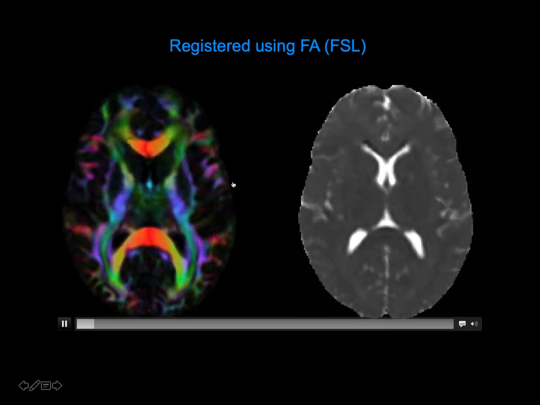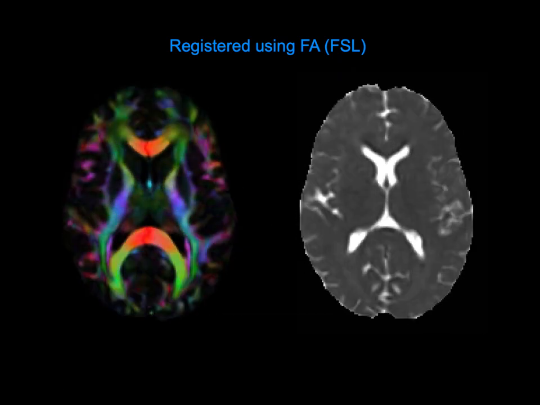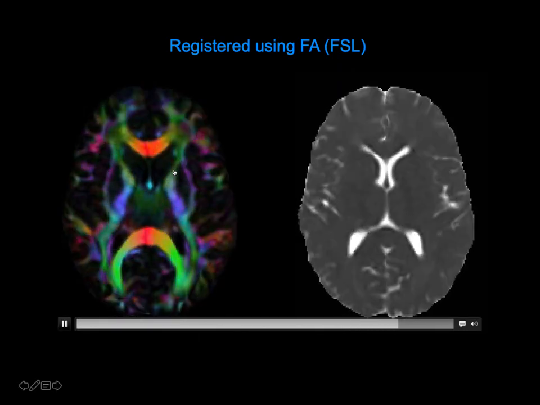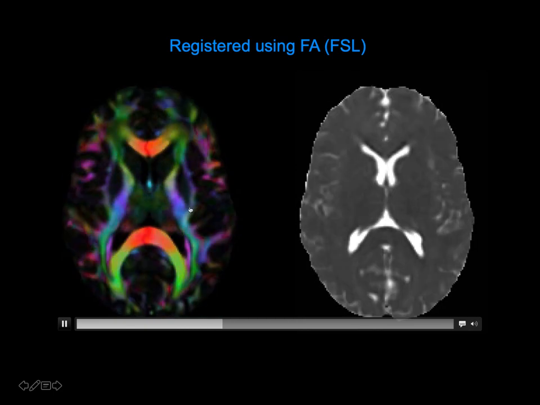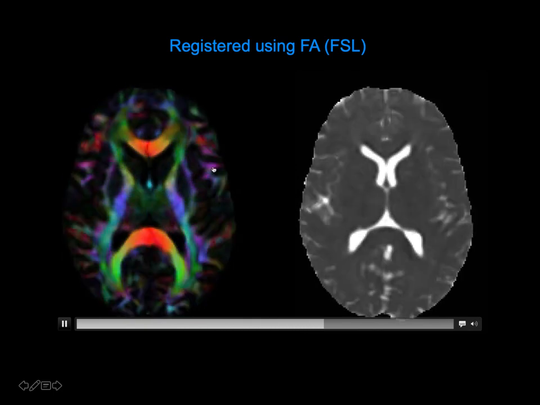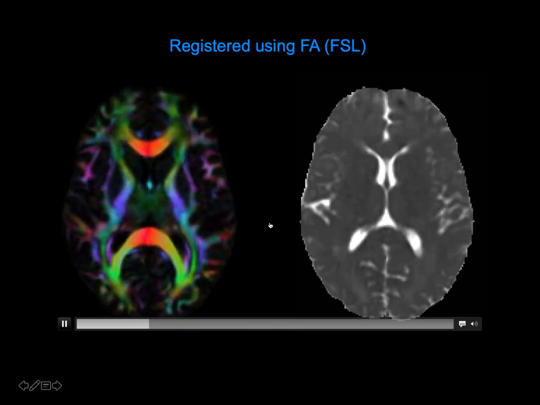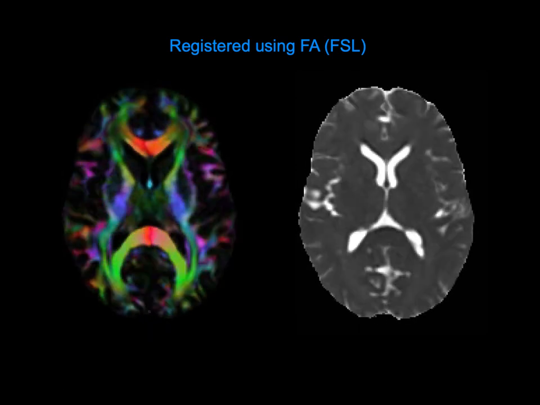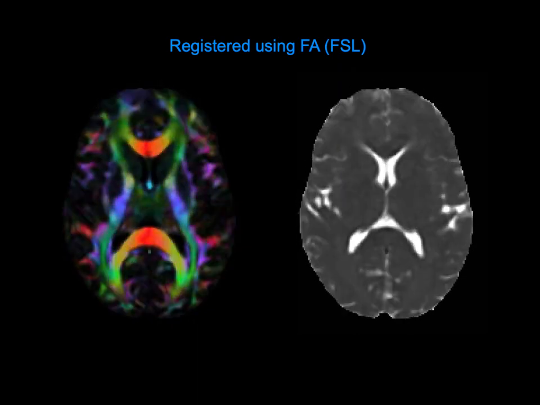But I would like actually from you, can you tell me something that perhaps is not working very well? Clearly, we see that compared to the previous movie, here the internal capsule seems registered very well and so on. But what is not really optimal, I would say, or still problematic?